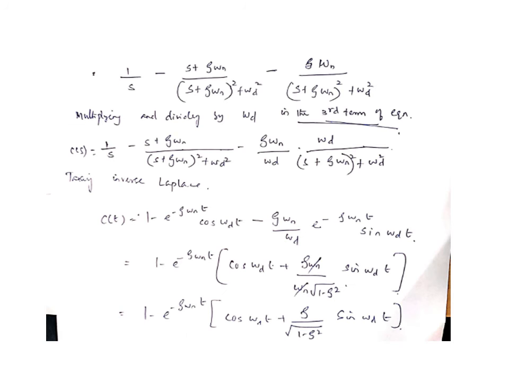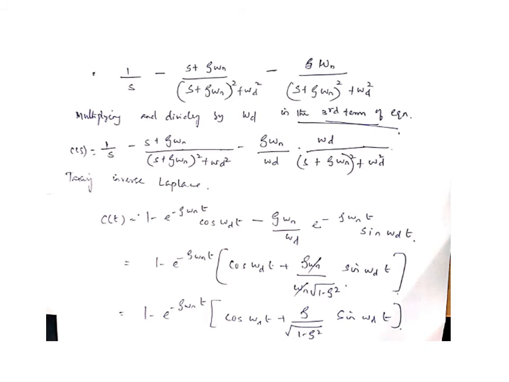So this is going to be divided by s plus zeta omega n the whole square plus omega d square. Okay, and now we are going to divide the two terms.